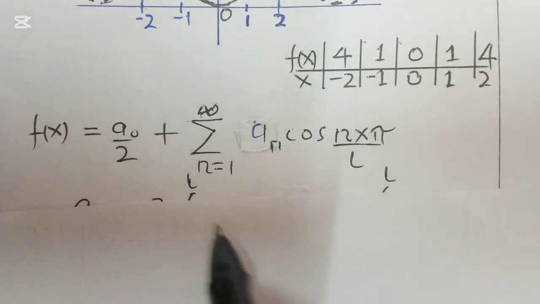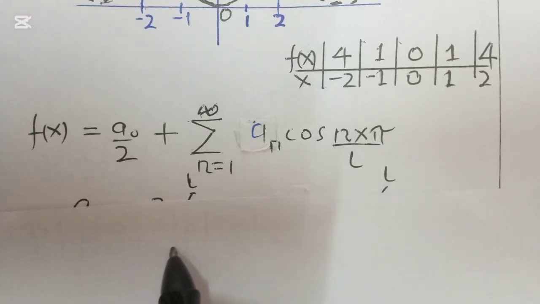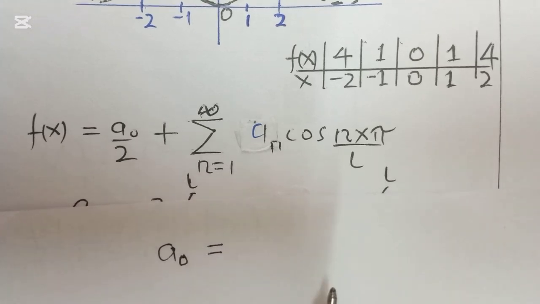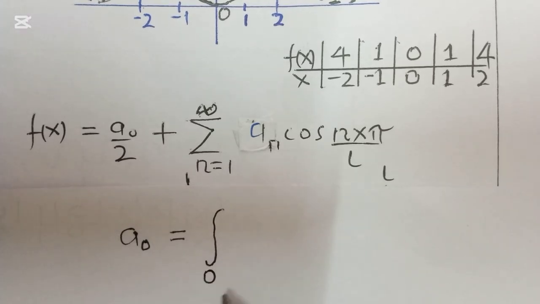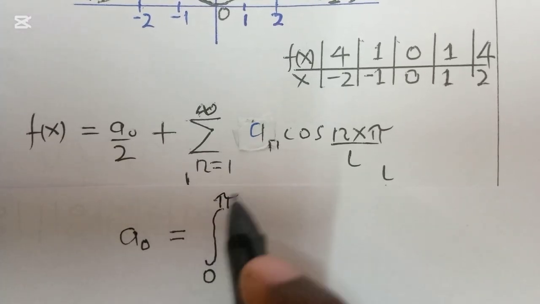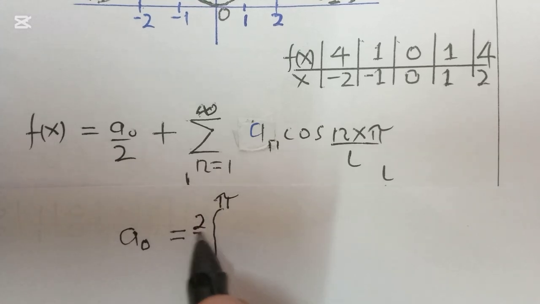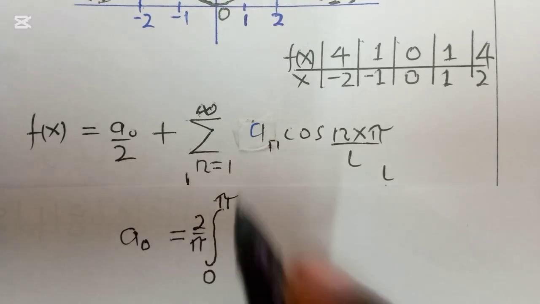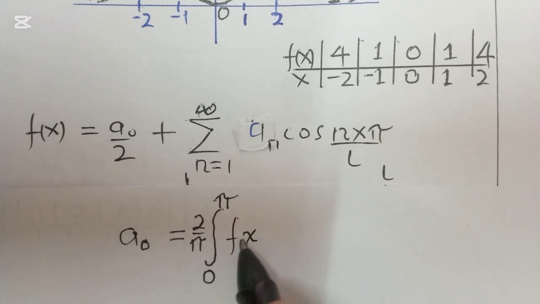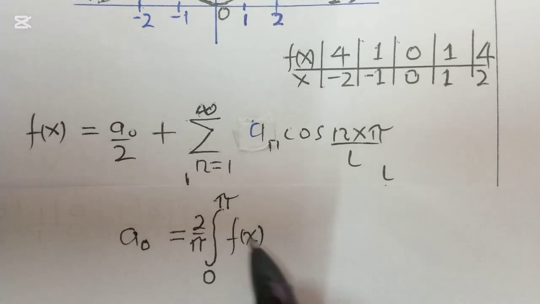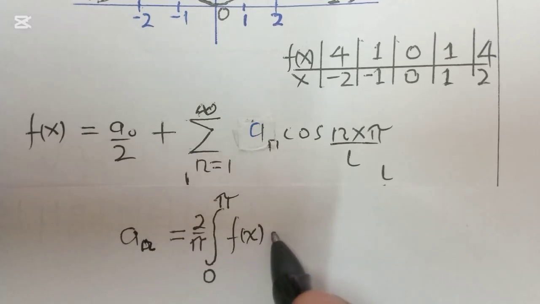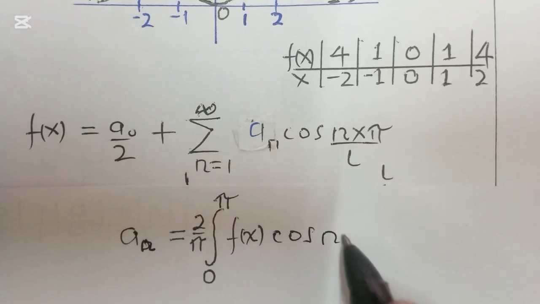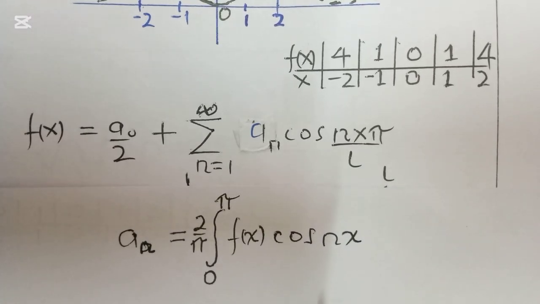So we usually write an or a0 as 2 all over pi, integral from 0 to pi, of f(x) cos nx dx.